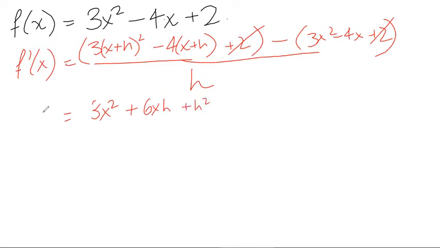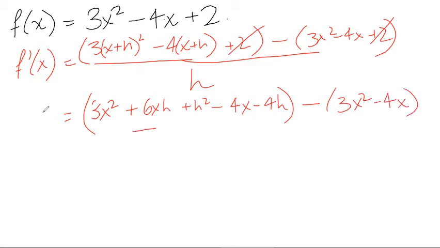Let's distribute out the negative 4. We get negative 4x minus 4h, minus 3x squared minus 4x, divided by h.